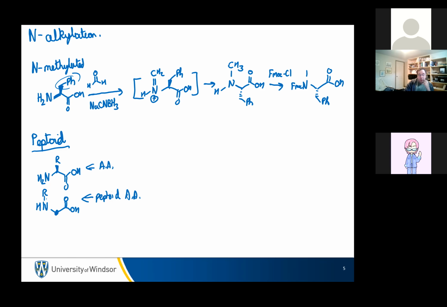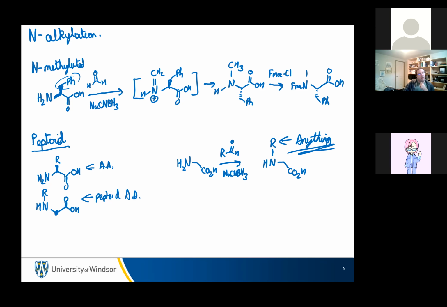These are really easy to make, of course, because all I do is take glycine, treat it as above with any aldehyde, and then I can do FMOC chemistry and connect these things together.